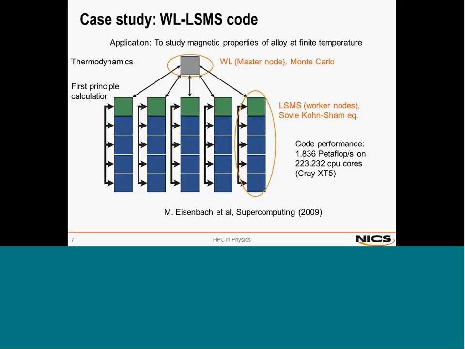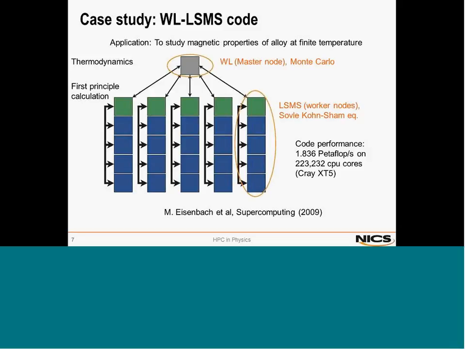We have a master node which does the Monte Carlo simulation, and we have worker nodes that solve the Schrödinger equation, which is basically a specific type of Schrödinger equation for the system. Of course, we decompose the system into smaller parts and solve them in parallel. This is a general way to parallelize your code.